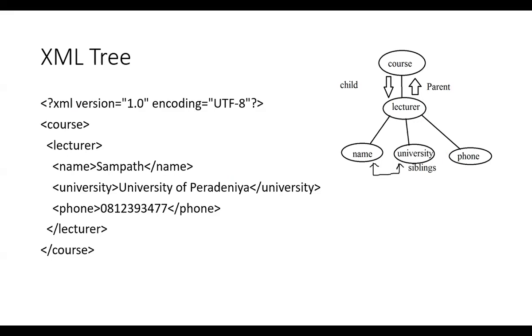Right. So with that, we can talk about having a kind of tree structure, because it's very important that you understand this. As I told you earlier, we will see the course as a parent tag. And if you specify course as a parent tag, then the lecturer will be the child tag, right? And then, for example, under the lecturer, we can have three other tags like name, university, and phone, which we can note, these nodes are known as siblings, right?